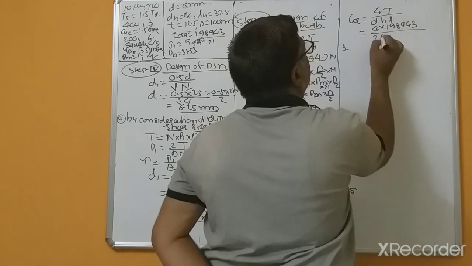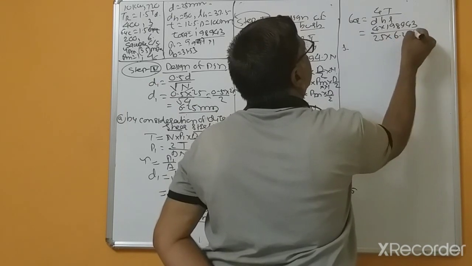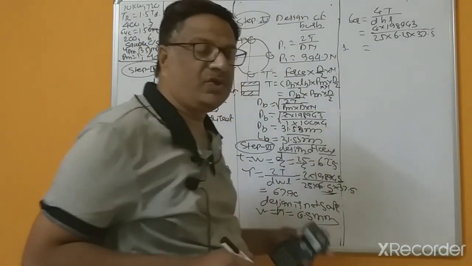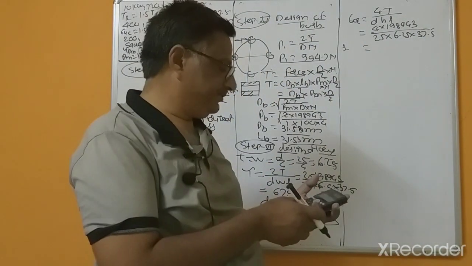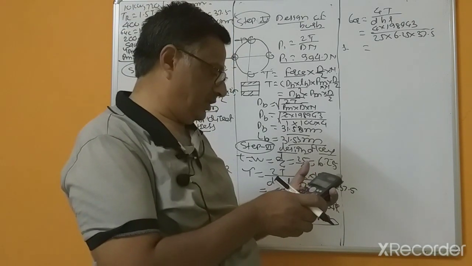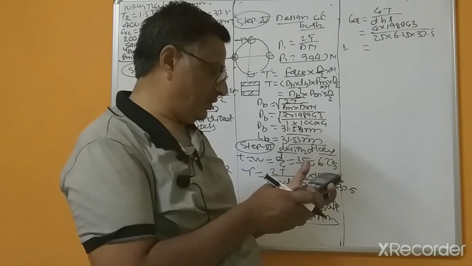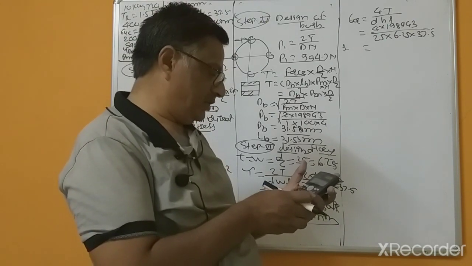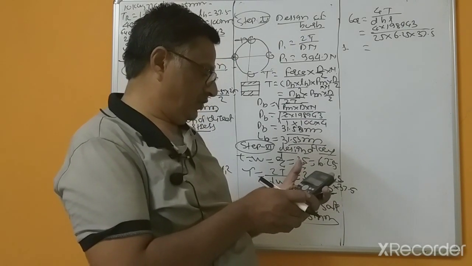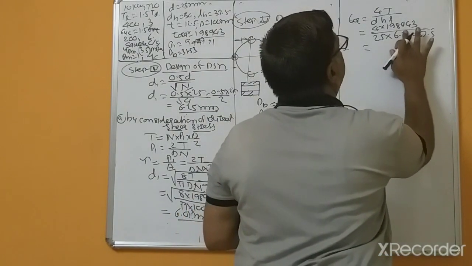Diameter is 25, height 6.25, length 37.5, and this should be, I think, 100. 4 into 198943 divided by 25 divided by 6.25 divided by 37.5. We increase, this is 6.5.